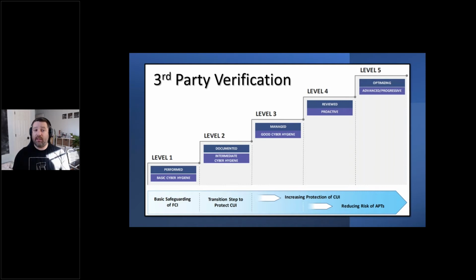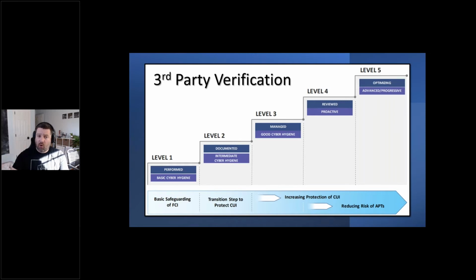At that point, they will assign you a level based on what you are doing inside of those domains, which I will show you in a second. That level can range from 1 to level 5. Now, as some of you are probably starting to guess, the complexity of the contract and the information that goes along with it will directly impact the level that's associated with it.